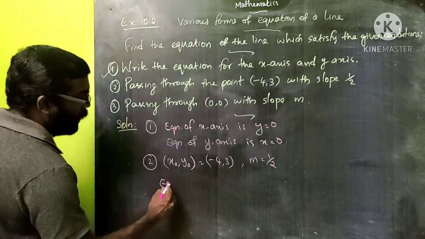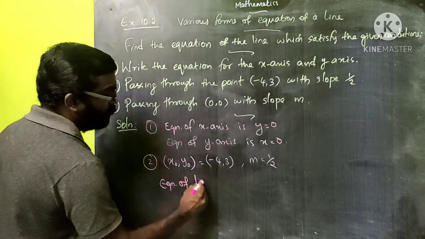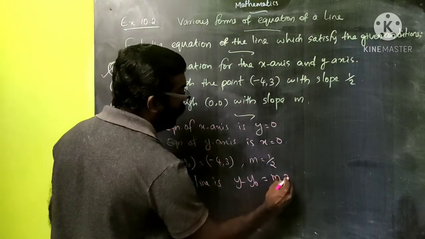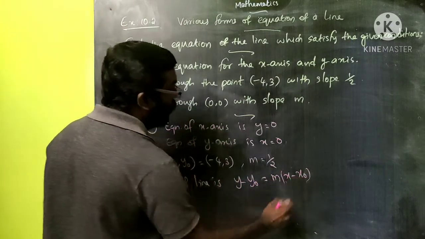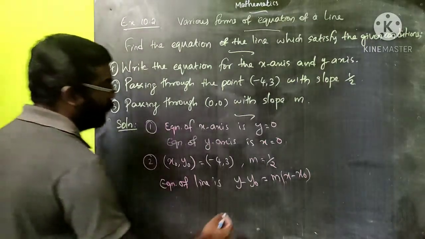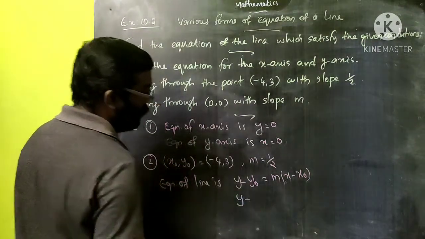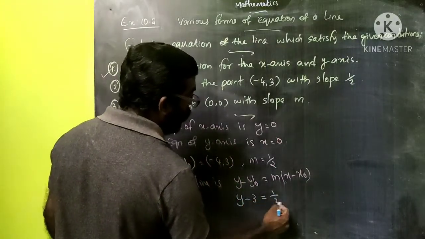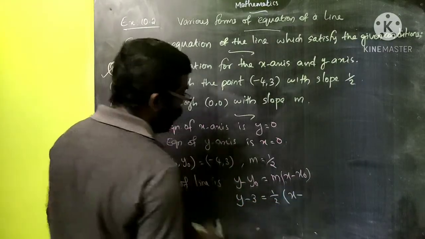So the equation of line is y minus y0 is equal to m into x minus x0. Here we can replace the values. y minus 3 is equal to 1 by 2 into x minus minus 4.